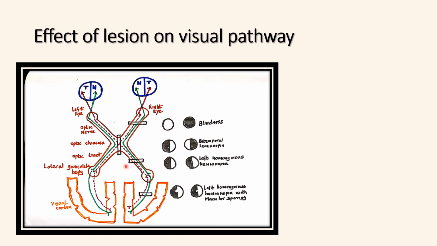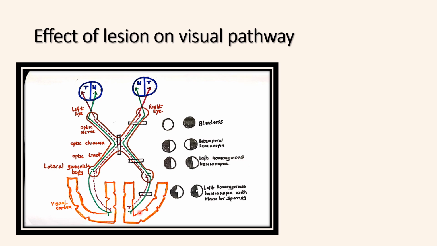So a lesion of the right optic tract produces a left visual field defect. In this eye also the left side is affected. So left homonymous hemianopia. Both sides, the left visual field is affected. So left homonymous hemianopia.